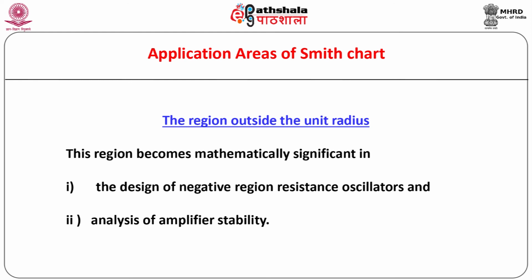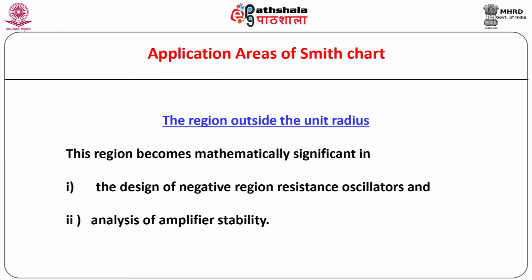What about the outer part outside the unit circle? It is to be noted that the region outside the unit radius has mathematical significance in the case of systems having magnitude of reflection coefficient greater than 1. The question is, can we have such systems having magnitude of reflection coefficient greater than unity?